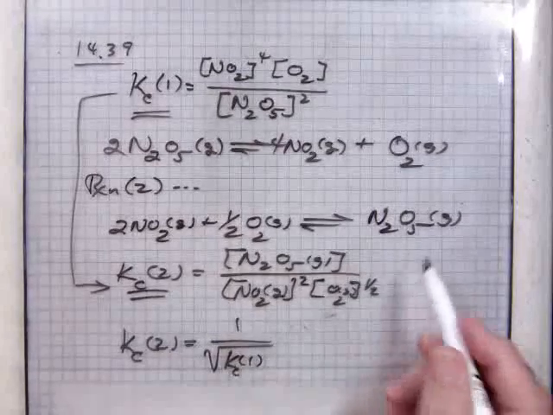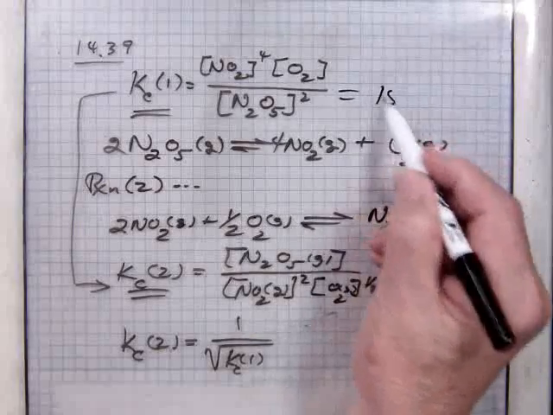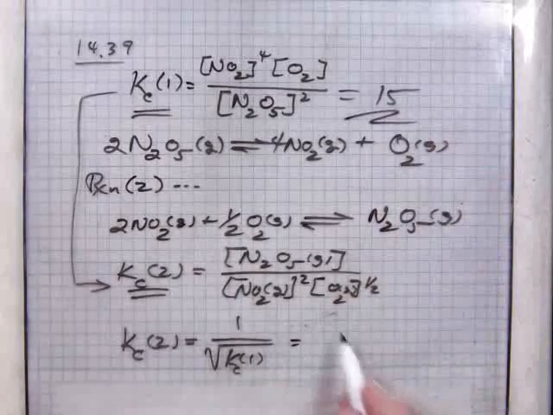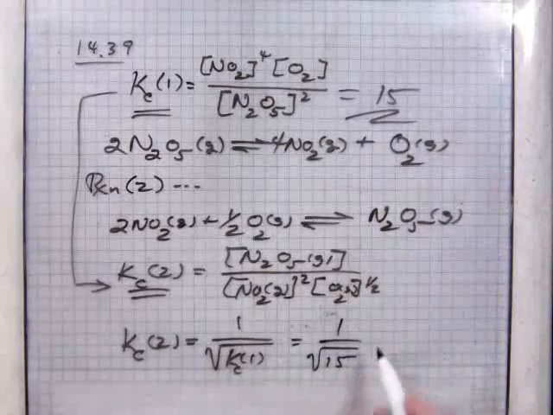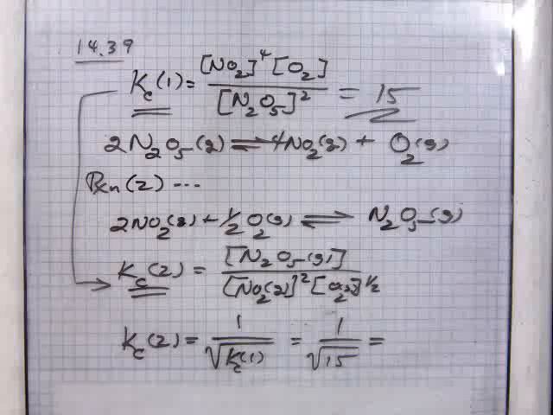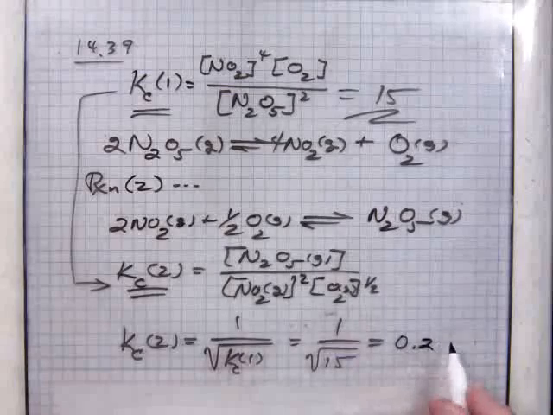And problems will give you, say, 15 for a value. Well, if you come down here, it's the square root of 15, and whatever that comes out to in your calculator. I get 0.26.